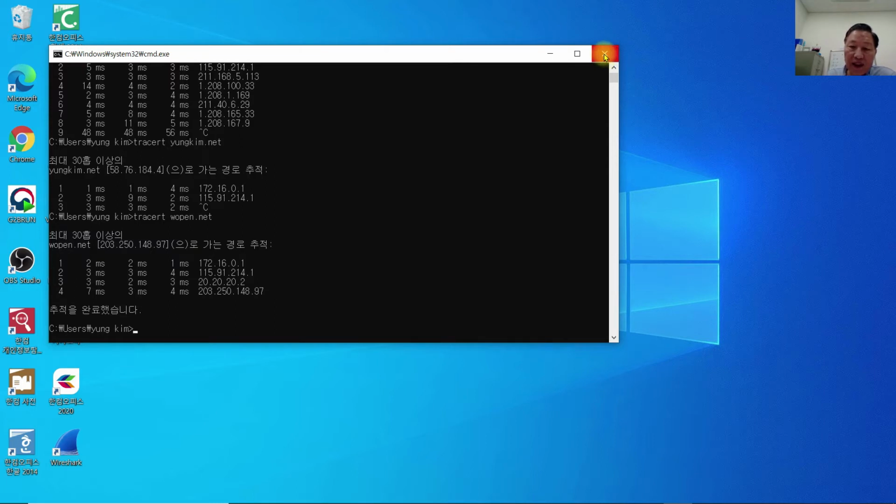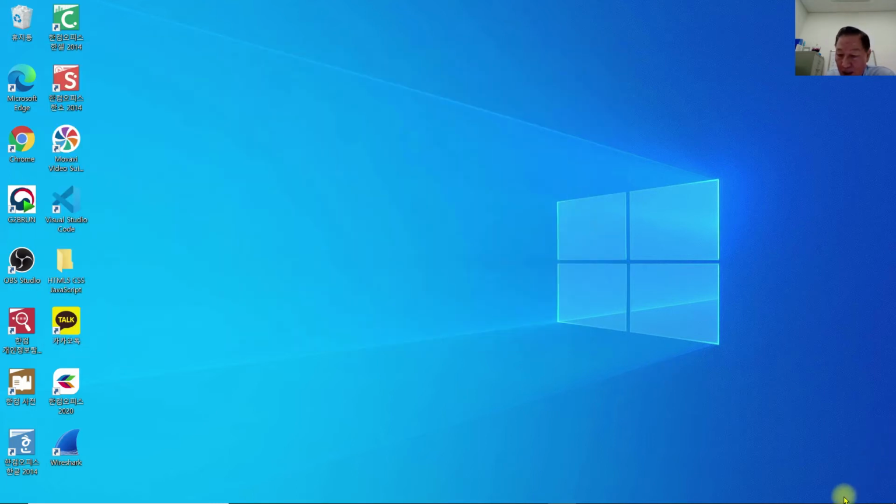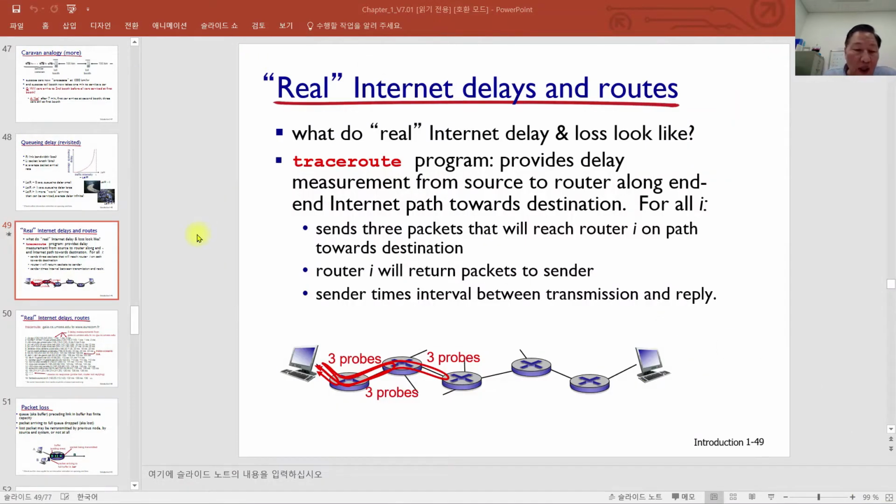You can try others. Okay, let's continue our discussion about chapter number 1. We are at slide number 49. This one is explaining the previous command, traceroute.